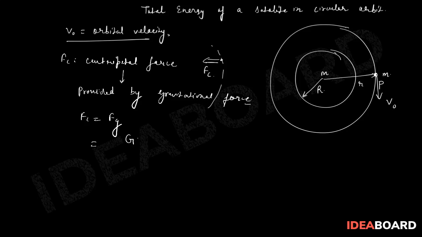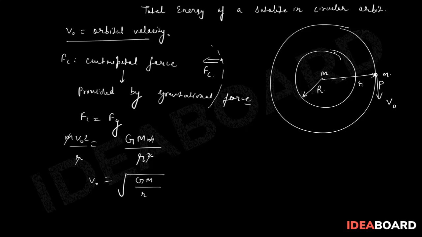Fg will be G capital M small m upon small r square, because it is revolving in a small r radius circle. Now this F centripetal will be m V0 square upon r. So this r and m are cancelled out. We obtained V0 is equal to under root of GM upon r.